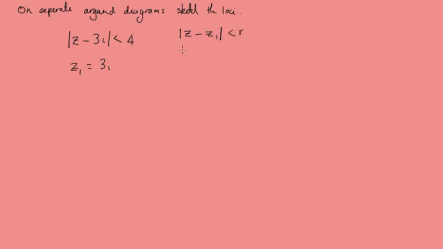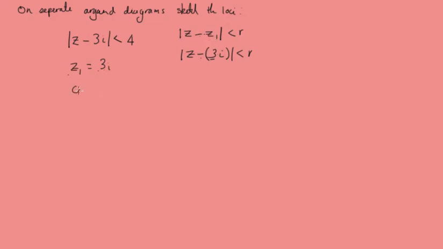So here we've got z minus, then we open a bracket and put our 3i, less than r. So the minus is from here. Z1 is actually 3i. So that's something to be really aware of when we're thinking about these circles. It's z minus z1, so you've got to make sure you've got your minus here and you don't put minuses where they're not meant to be when you're looking to find out what z1 is actually going to be.